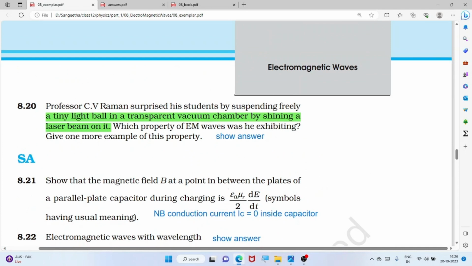Professor C.V. Raman surprised his students by suspending freely a tiny light ball in a transparent vacuum chamber. Which property of the electromagnetic wave is exhibited here? Give one more example of this property.